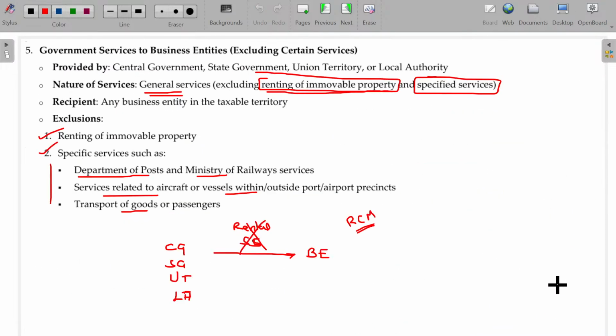Item 5 being any supply of services by the government to a business entity, government services, not being the renting of immobile property, postal, railways, and port, transport of goods and passenger.